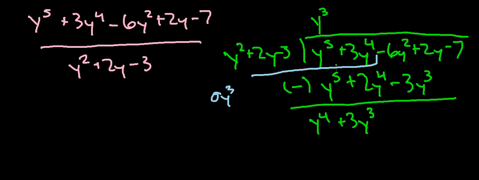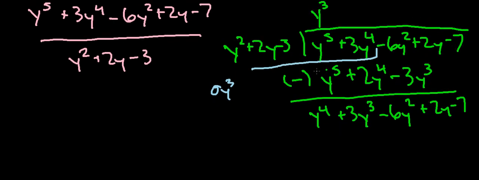But anyways, after we've subtracted out all of our terms, we bring in our terms that we didn't use. We pull them down, just like in a regular division problem, plus 2y and minus 7. And now we just keep repeating. So for y to the fourth, we're going to need positive y squared. Multiply all these out.